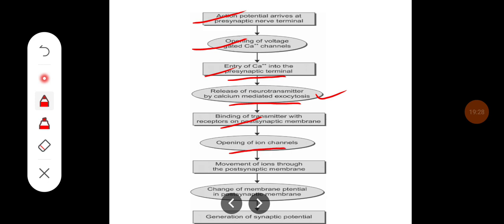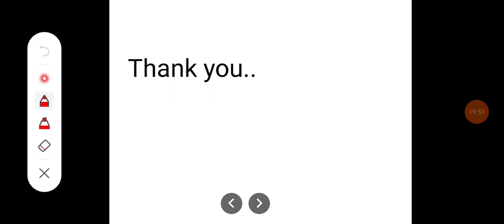So it leads to opening of appropriate ion channels, and there will be movement of ions through the postsynaptic membrane. So there will be a change in the membrane potential in the postsynaptic membrane, which leads to the generation of the synaptic potential, which in turn transmits the impulse to the next neuron. So this is in brief about the synaptic activity.